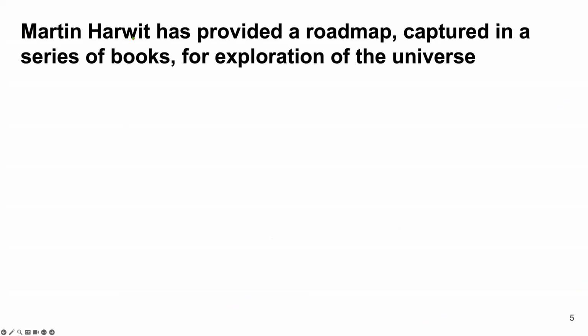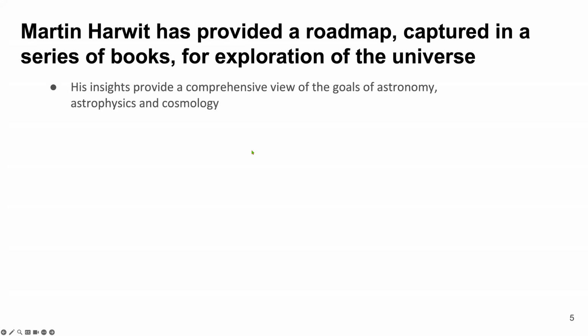So this is an individual I want to emphasize, Martin Harwit, who's a refugee in the early 50s from Hungary, came to this country with a passion for astronomy and he's still alive. He's in his early 90s, but persistently over a long period, roughly 50 years, has been guiding the evolution of the plan for exploration of the universe.